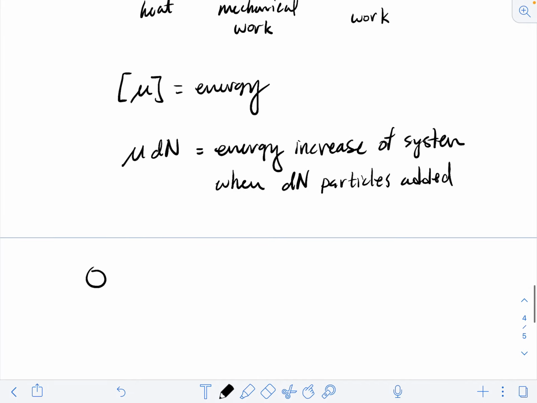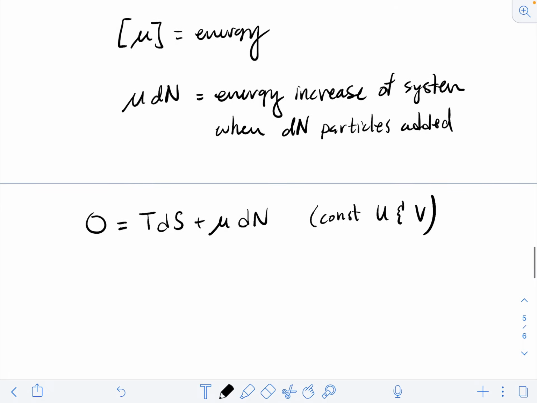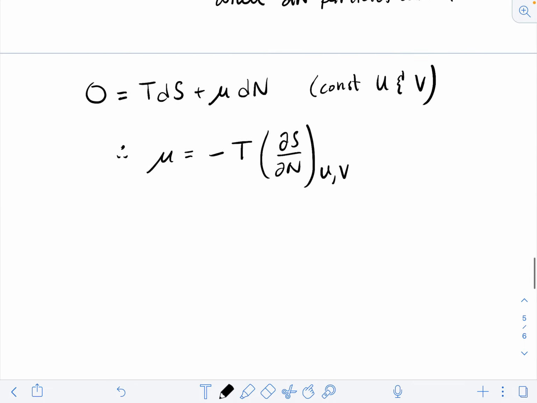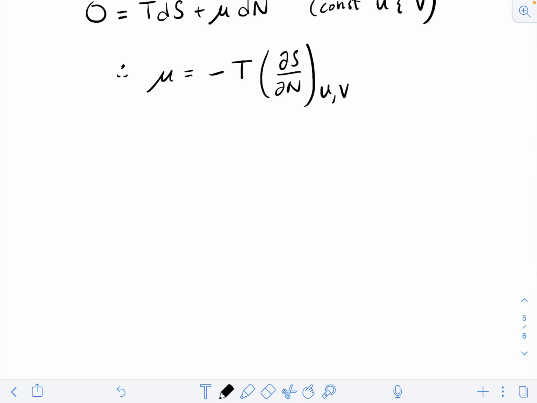We would get 0 is equal to T dS plus mu dN, at constant U and V, and therefore mu would be equal to minus T dS/dN at constant internal energy and volume. Okay, good. So there's some interpretation of chemical potential.